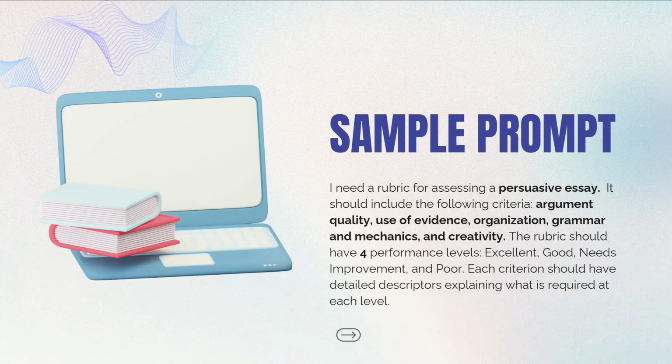It should include the following criteria: argument quality, use of evidence, organization, grammar and mechanics, and creativity. The rubric should have 4 performance levels: excellent, good, needs improvement, and poor. Each criterion should have detailed descriptors explaining what is required at each level. As you can see, this is much more specific than what I typed into ChatGPT. So we can get an output that's a little bit better than what we first got.